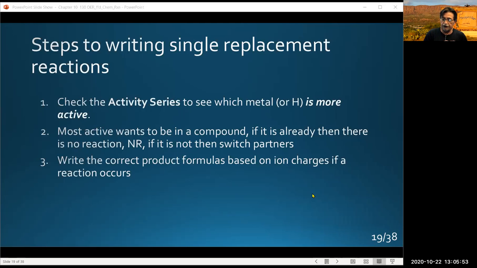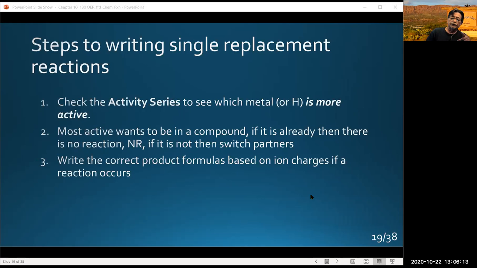If the answer is yes, then the reaction will not proceed, and you write an R for no reaction. If it's not, you simply replace the metals, create the new ionic compound, balance it, put the states of matter on it, and you're good to go.